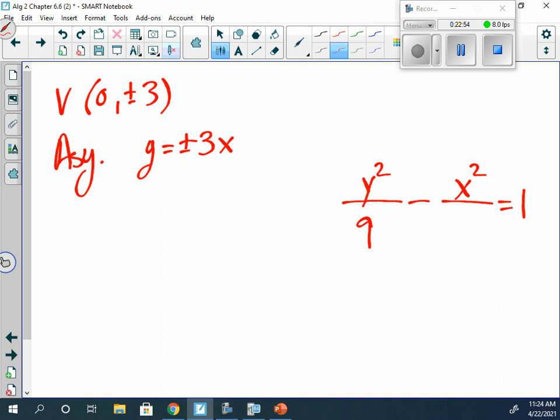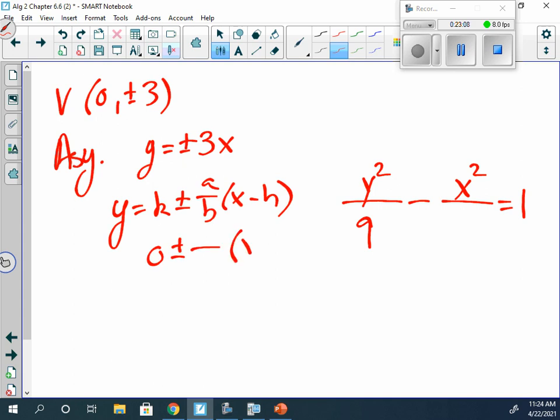Now because of our equation for this here, y is equal to k plus or minus a over b times x minus h. Well, we know 0 plus or minus, well, a, we know it is 3. Yes?